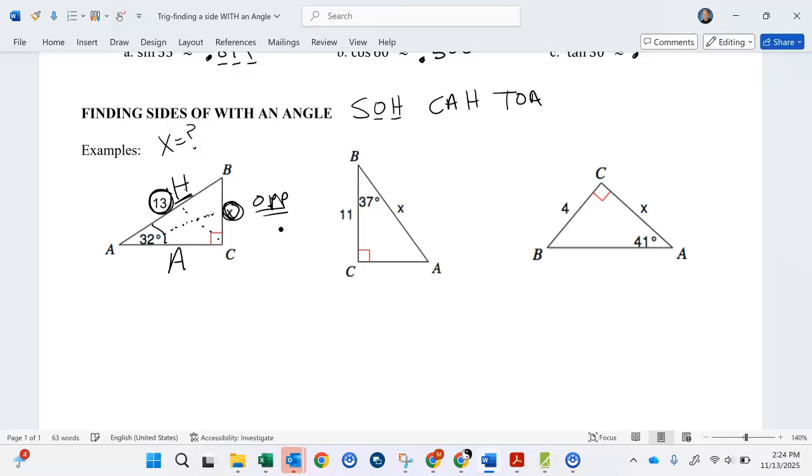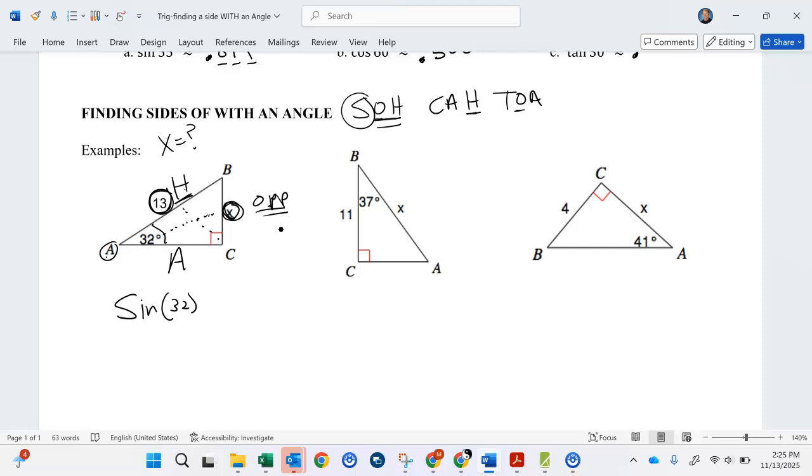Yes, yes. No, only hypotenuse, only opposite. This one has both, so we're going to use sine. Okay, so we're going to go sine of 32. Now we have an angle. Before we would just do sine A, since that's angle A, but now we actually have a number.